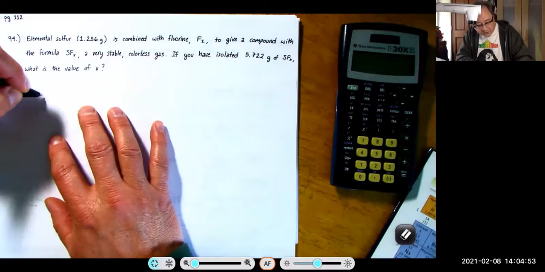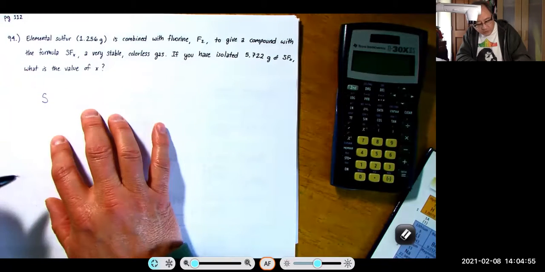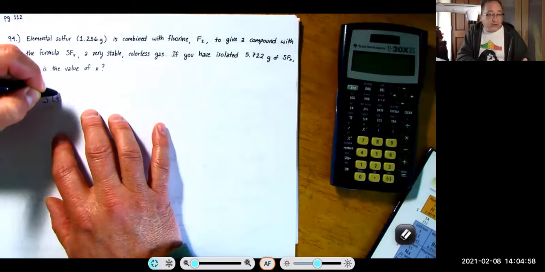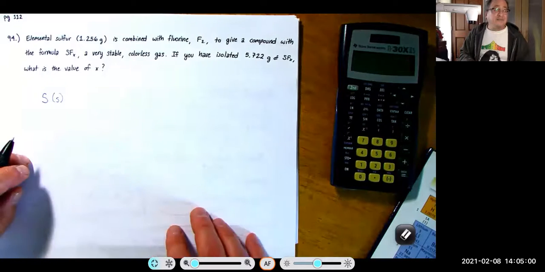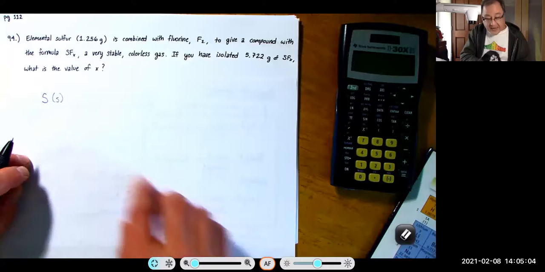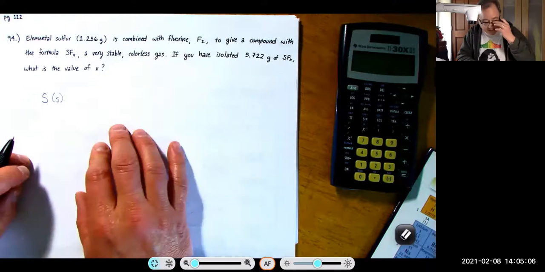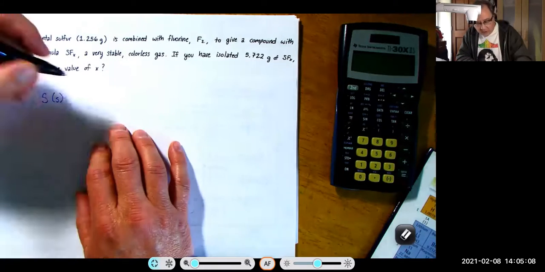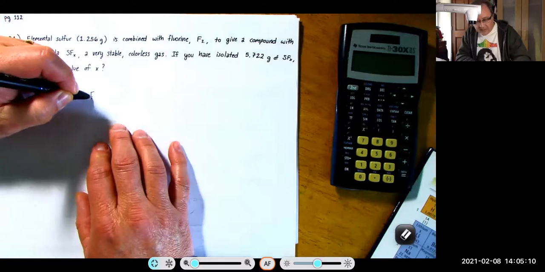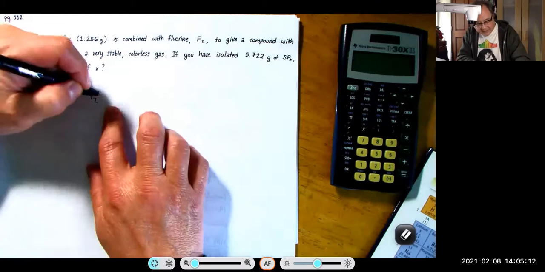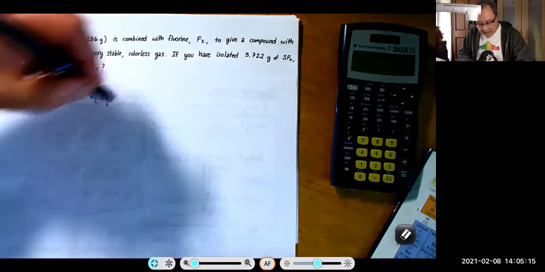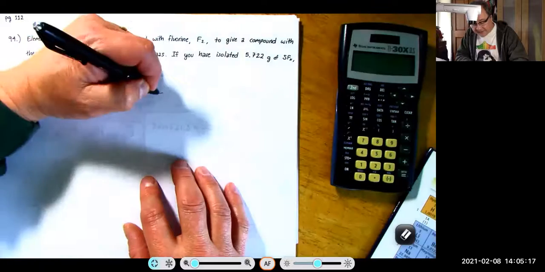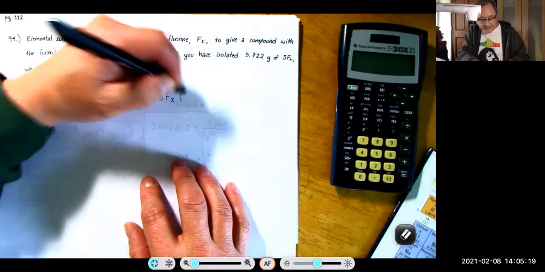So you have sulfur, which we know is a solid because the only 2 liquids at room temp are mercury and bromine. And we know it isn't a gas because it's not one of the 12 gases. It reacts with F2, which is one of the gases, and you get SFX, which is a gas because it states so.